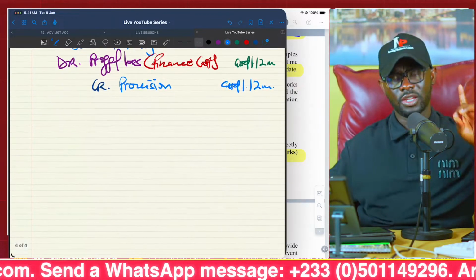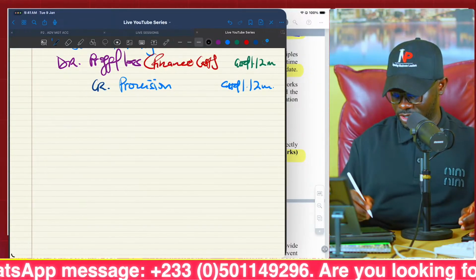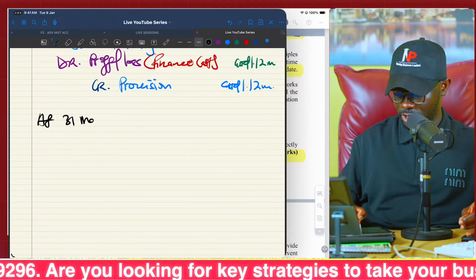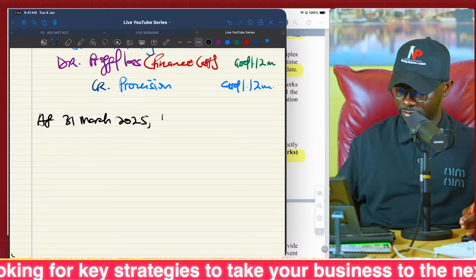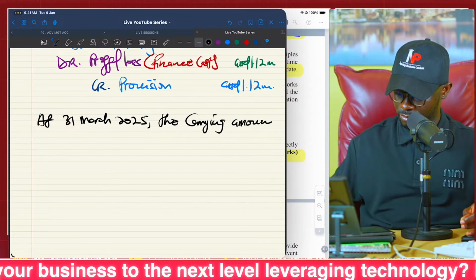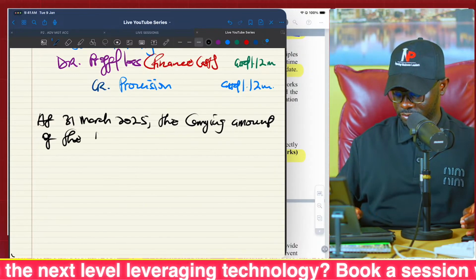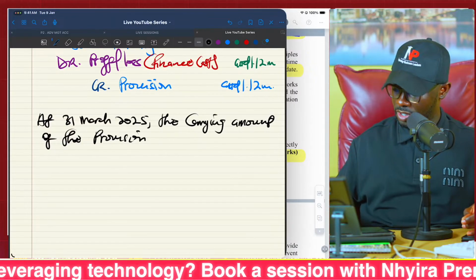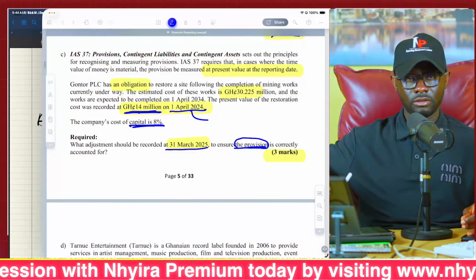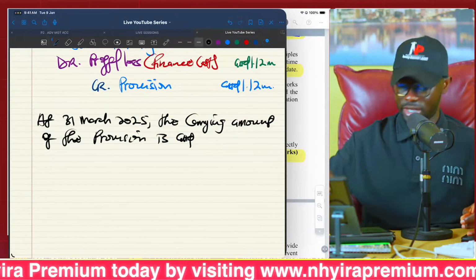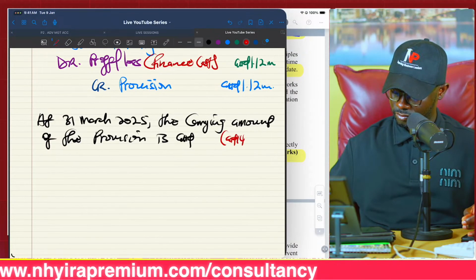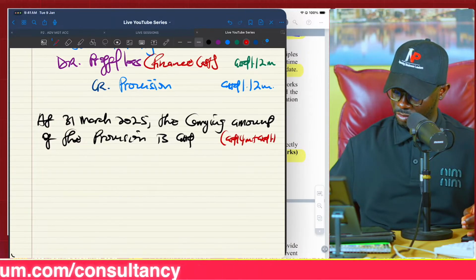That's the idea. What it means is that at the reporting date, the carrying amount of the provision, so at 31st March 2025, the carrying amount of the provision is the 14 million plus the unwinding of 1.12 million.